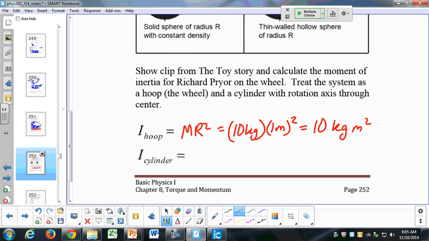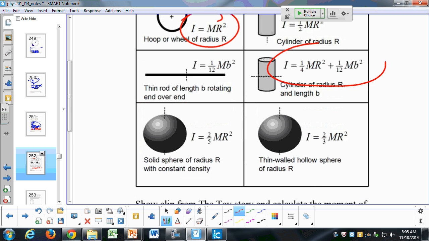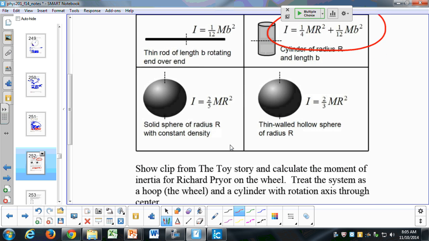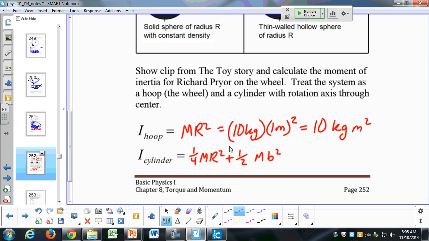And then for the cylinder, it's a little more complicated because we have to take this into consideration. It's going to be a quarter mr squared plus a 12th mh squared. This is the mass, radius, and height of Richard Pryor. So the mass of Richard Pryor, I don't know if I used 100 kilograms as his mass. That might be a bit of an overestimate, but he's kind of a big guy.